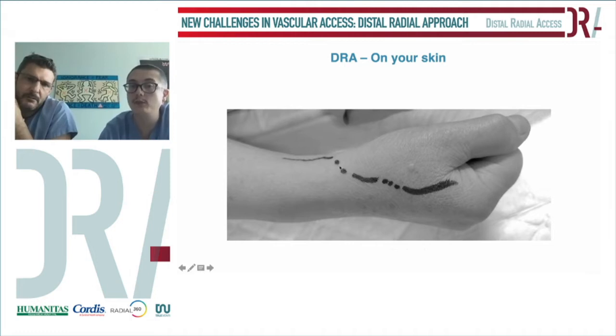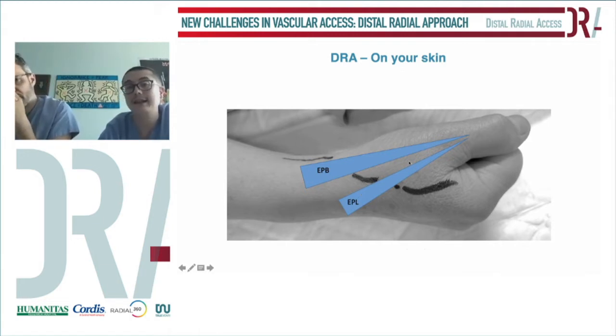Here, no pulse. Here, again, radial pulse. Here, no pulse. And in this distal part, then again, pulse. And what does it mean? Obviously, the parts without pulse are the extensor pollicis brevis and the extensor pollicis longus. So the pulseless parts of the artery are where the tendons lie.